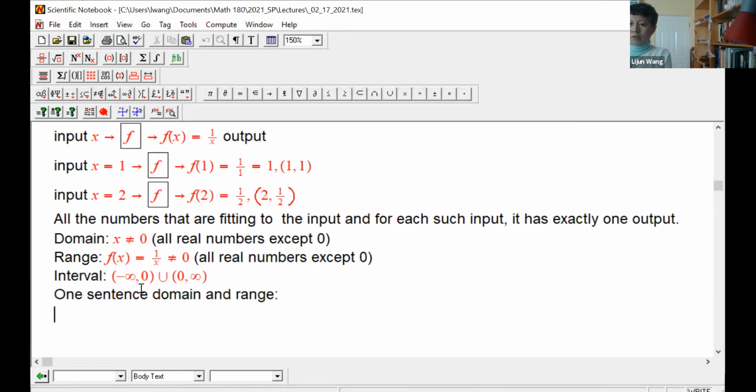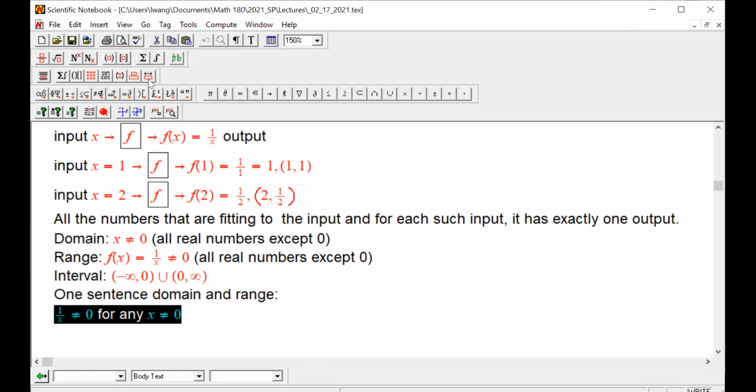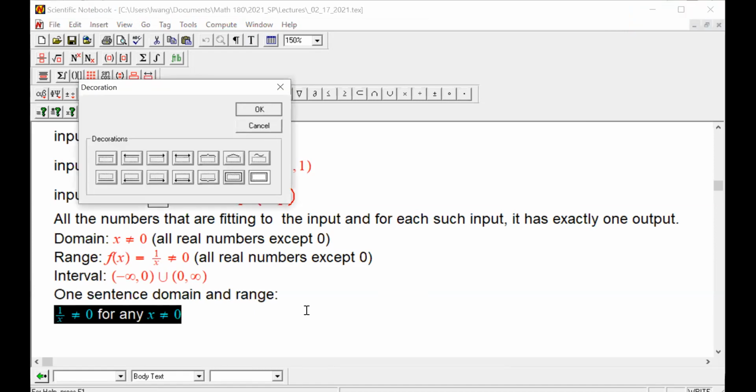You're referring to this function, right? You can say 1 over x cannot be 0 for any x not equal to 0. One sentence. All right, thank you. Very good question.